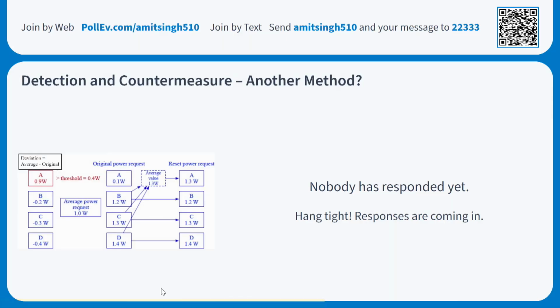So thresholding was one method to detect it. Can you think of any other method? Any other idea you can think of to detect and then mitigate it? Detection means you find the infected core, and mitigation means you correct its power level.